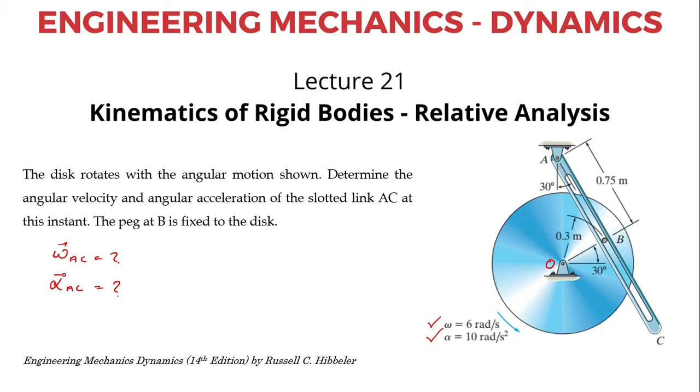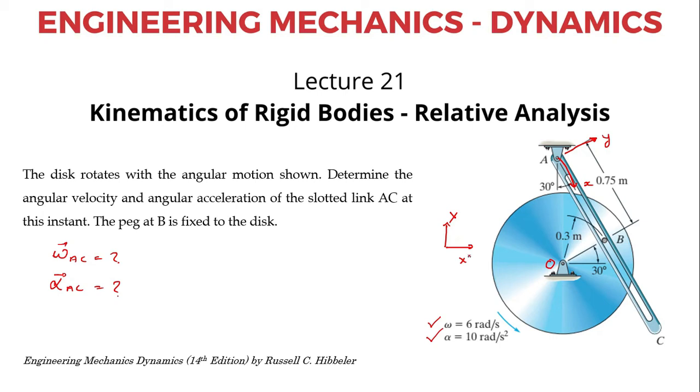Since this is also a case of planar motion, I will fix my primary or fixed reference frame somewhere here, and I will fix my secondary reference frame xy like this, such that it is embedded within the link AC, and it rotates with respect to the primary frame capital XY.